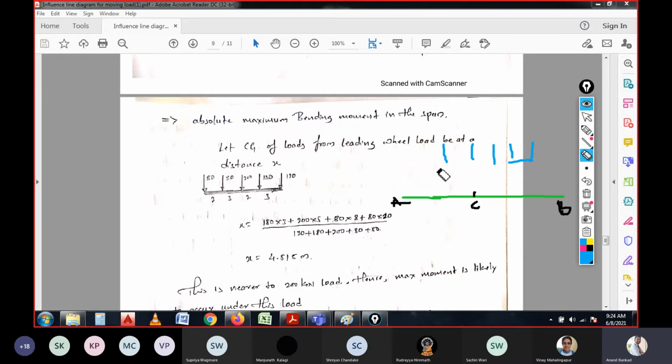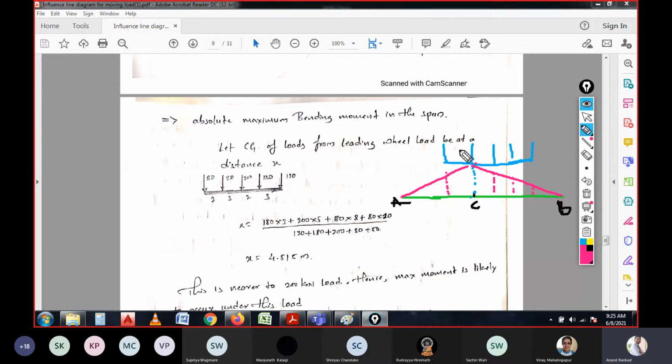So I will just write this. This section is considered over here, and at that point, you need to have the bending moment diagram or influence line diagram in this manner. So for this, if you take the section over here, it is like that.